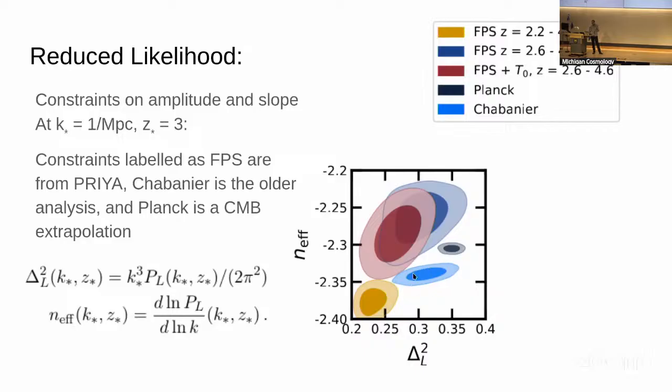You can see that I am doing better than the older analysis. The slope now completely agrees with Planck. The amplitude is somewhat lower, but agrees with the Dark Energy Survey. My error bars are larger because this earlier analysis did not account for helium ionization, right? So that is why helium ionization opens up a degeneracy here that makes this error bar larger, okay?